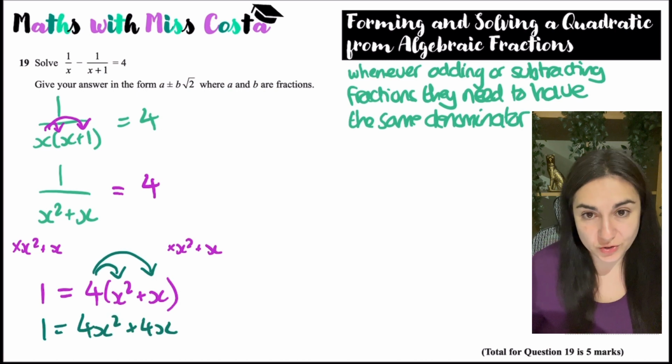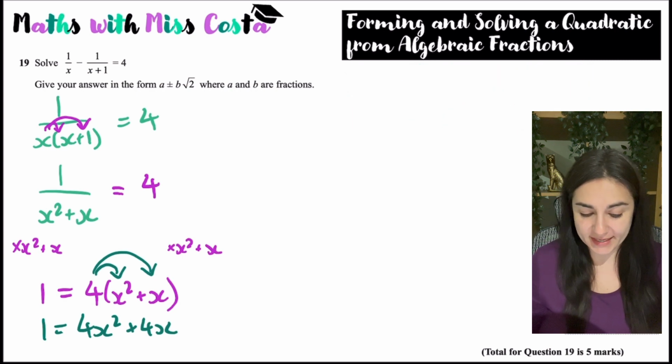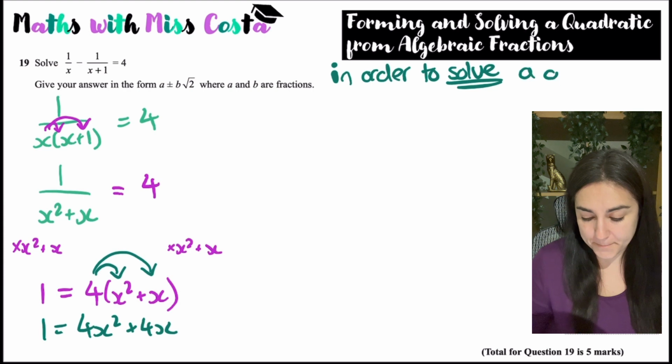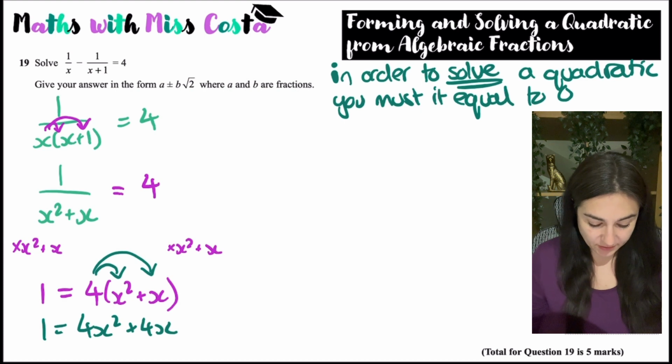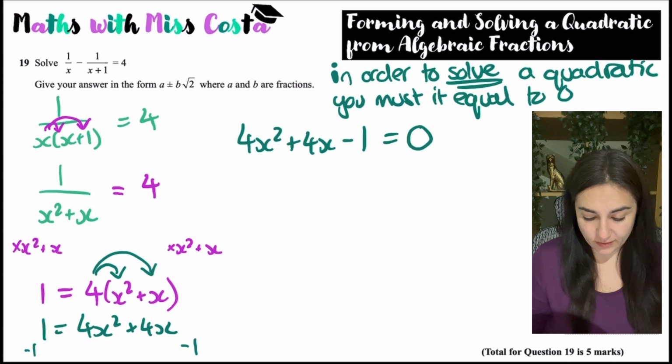And whenever I've got a quadratic, in order to solve a quadratic, you must make it equal to 0. So just rearrange it and make it equal to 0. So what am I going to do? I'm just going to subtract 1 from both sides. So I'd be left with 4x squared plus 4x, take 1 equals 0.